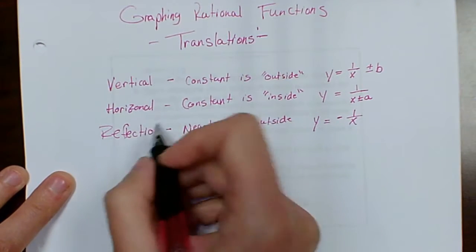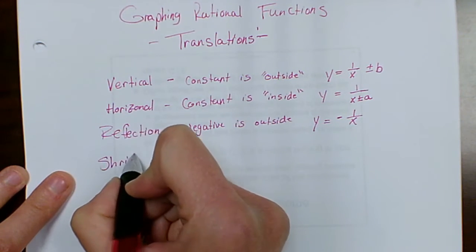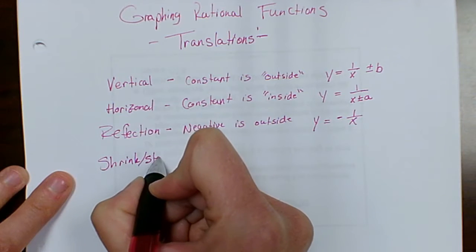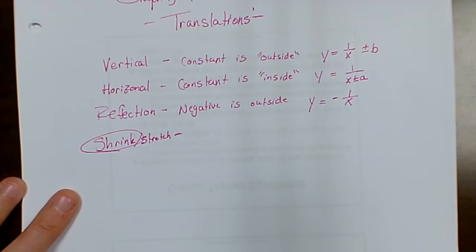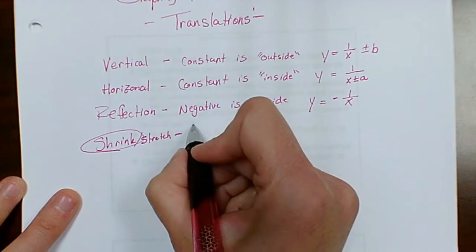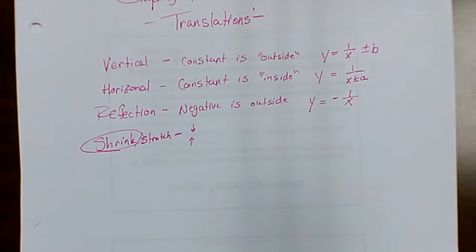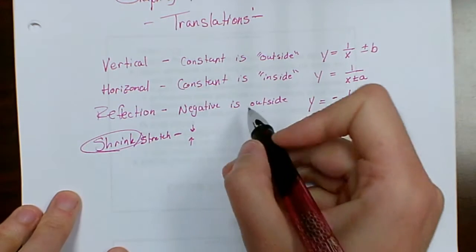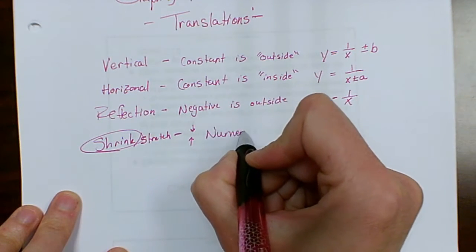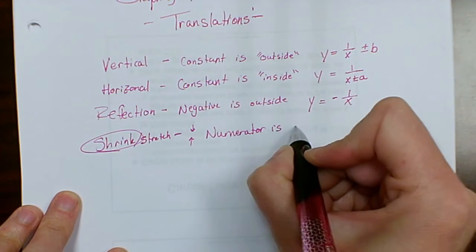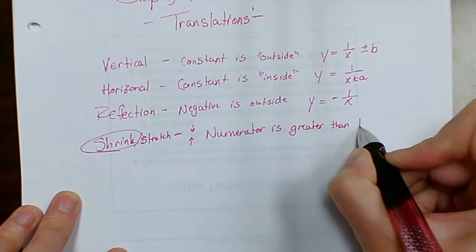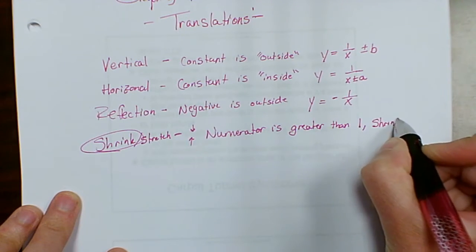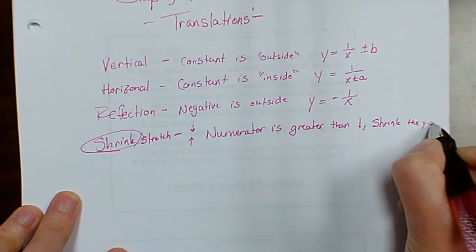And then shrinking or stretch. For instance, we're going to be looking at shrinking, meaning that you are going to take the y-axis and push the y-axis together. If the numerator is greater than 1, you shrink the y-axis.